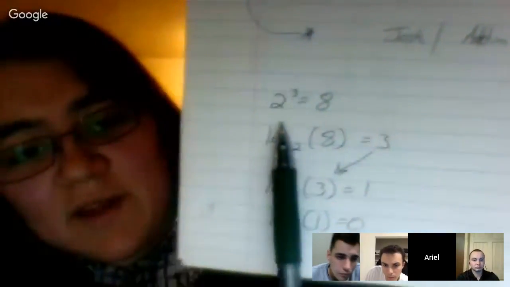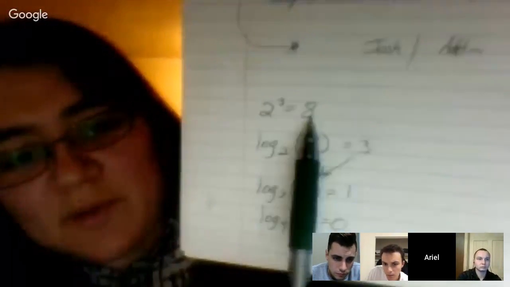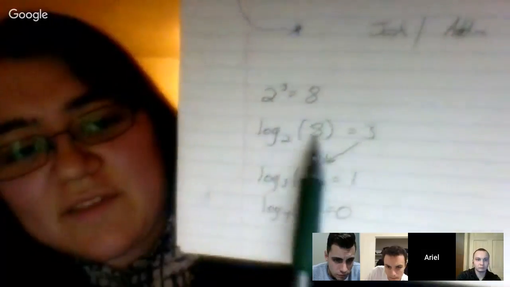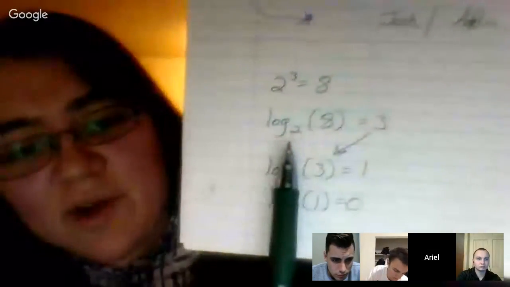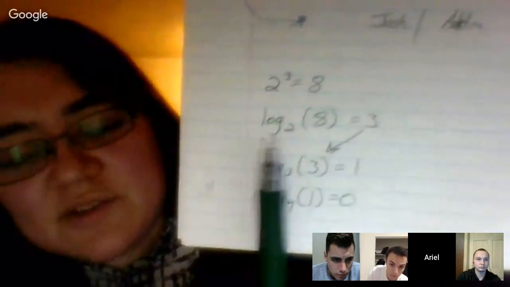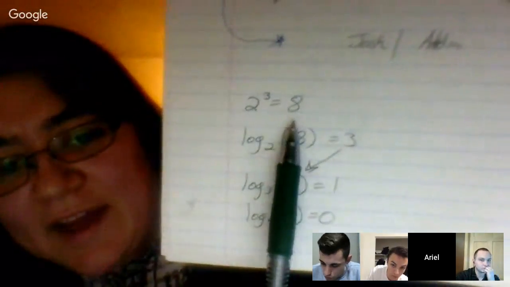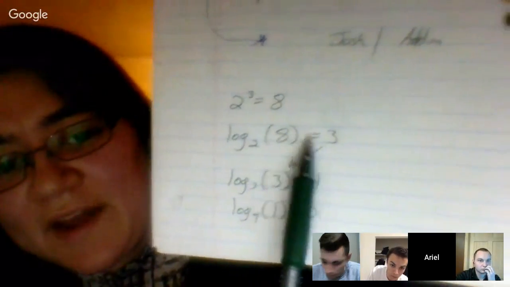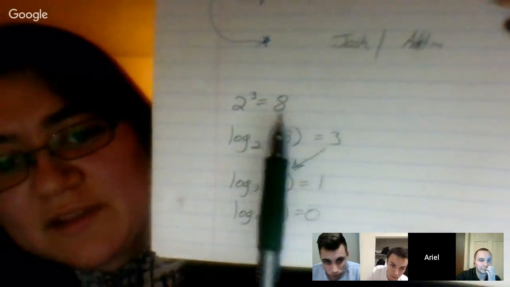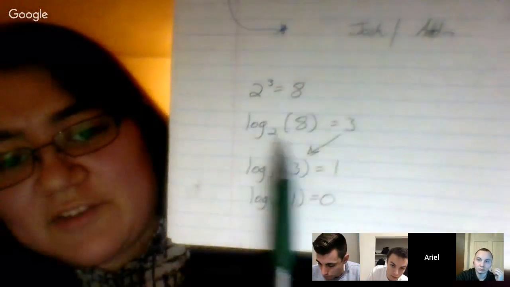Okay, so I don't know if this makes sense, but so 2 to the third equals 8. So I think that's the inverse of what's happening here. So I started kind of what you said, start with the inside. The log of 2, I plugged in that 8 here, and that gave me the 3, which is the power of that 2.